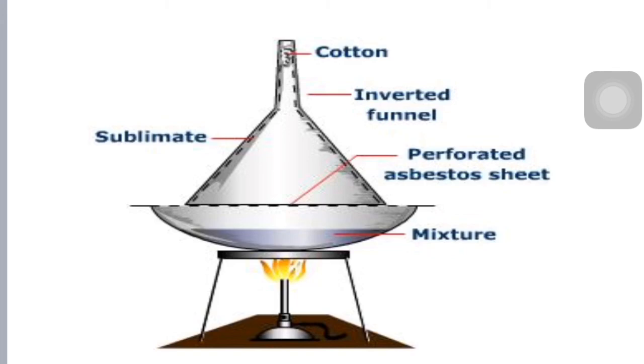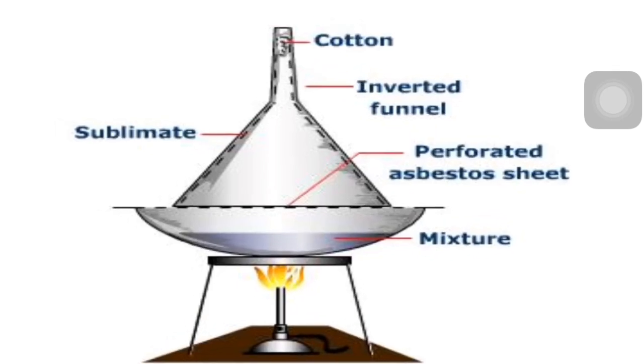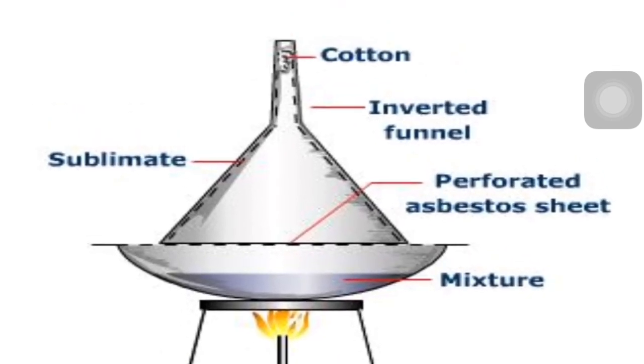First, we take a container in which iodine is placed with impurities. In the next step, on the top of this container, we will place filter paper, and next we will place an inverted funnel on top of it.